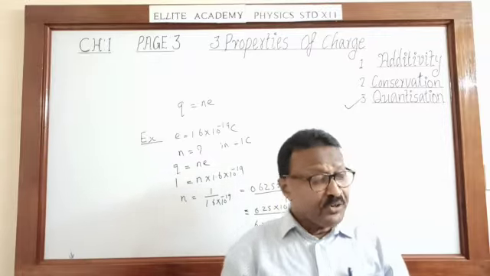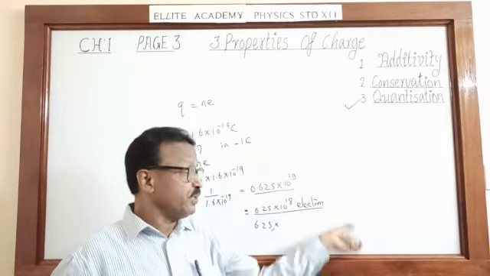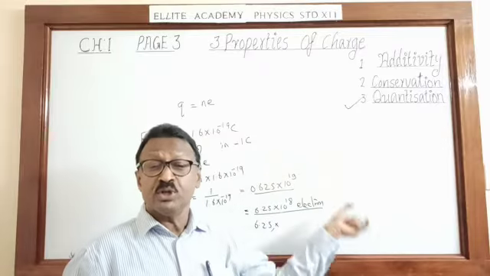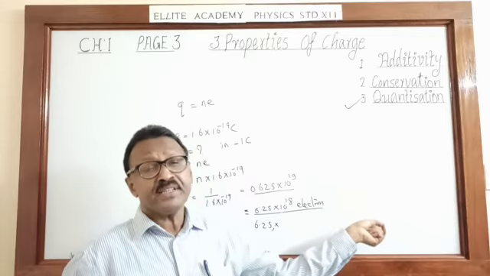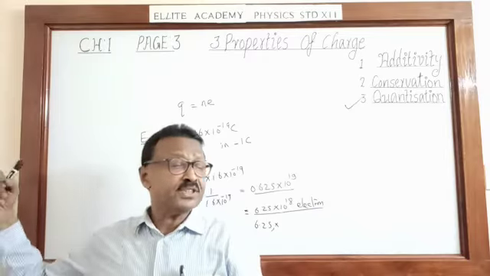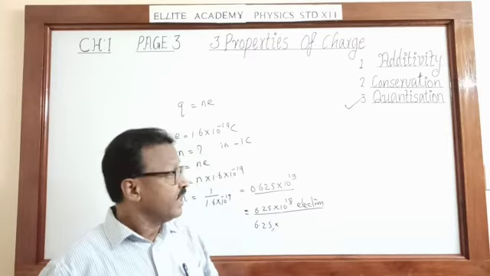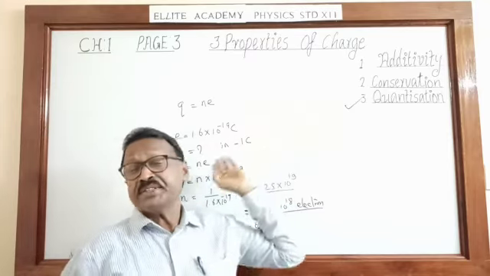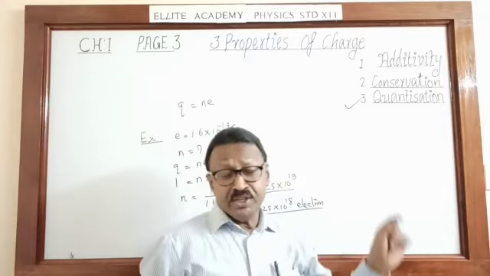Then we have to understand the diagrams on page number 2: diagrams C and D, what happens when the spheres are separated, what happens when the glass rod is removed, and what happens when they are still separated. Understand that. And then, what do you mean by quantization of charge? Quantization of charge is the thing we introduced here.